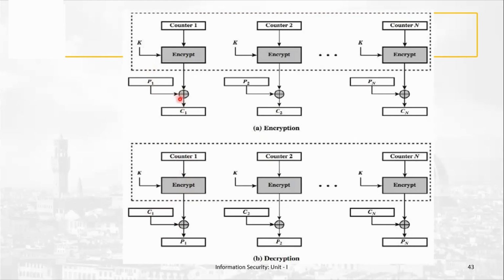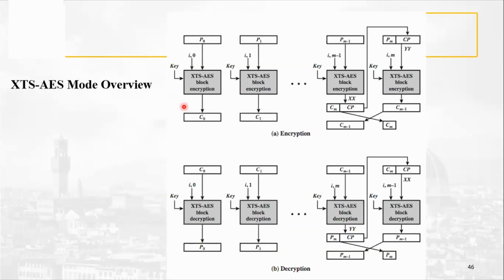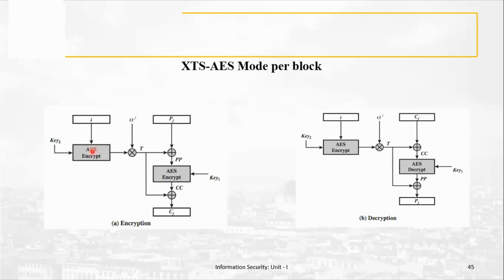You were just XORing that data with the plain text. So to add one more security level, in this XTS AES mode we are applying encryption on the counter as well as the plain text. The XOR operation is happening at multiple levels, and whatever ciphertext you are getting will be more secure.